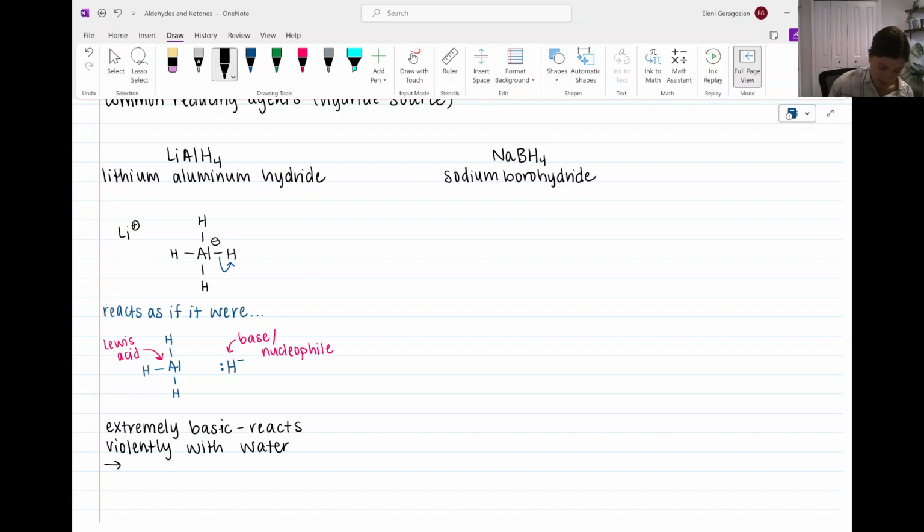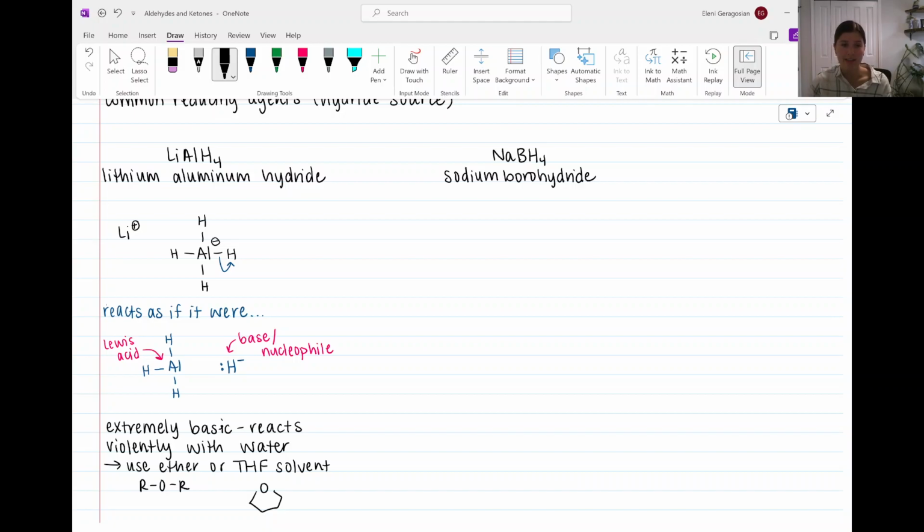So we use ether or tetrahydrofuran. Remember, an ether is an R group, oxygen, R group. THF is a specific ether, a 5-membered ring where one of the members is an oxygen. So those are 2 common solvents for lithium aluminum hydride.